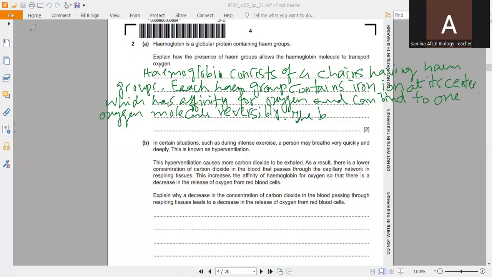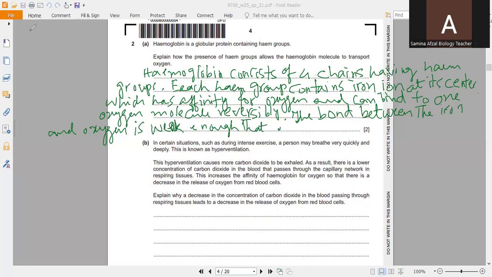The bond between the iron and oxygen is weak enough that it can easily be broken.